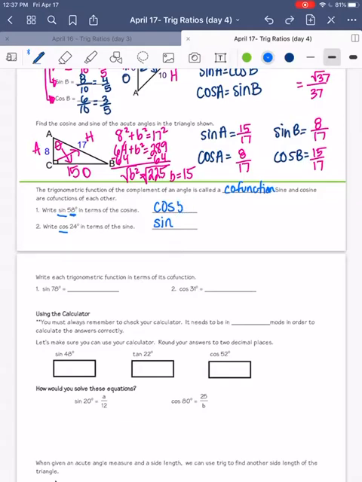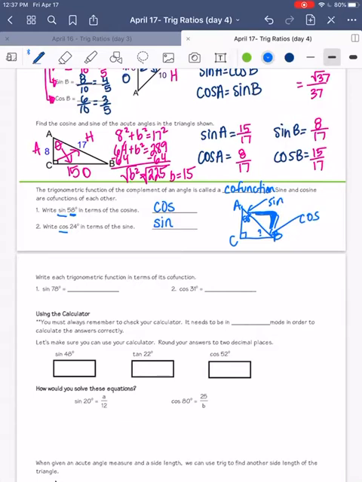If you think about it, we said if you have a triangle, and let's say this one's 58 degrees, it's the sine of this one and then the cosine of this one. So we need to figure out what this angle is. And what did we say the sum of these two angles always is?